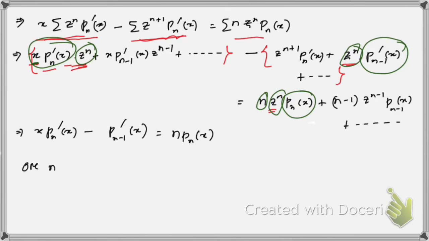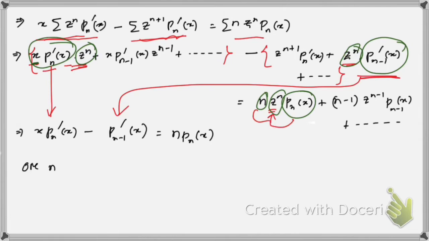So what we have got, this is one term, and this is also a coefficient of z to the power n, and here we have got z to the power n, so this is the coefficient of z to the power n. So we have got this result, right? Equating the coefficients of z to the power n, that is what we have got, right?